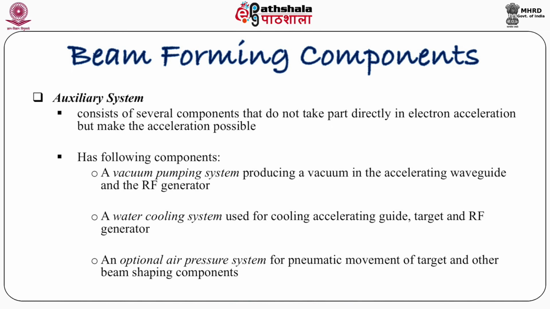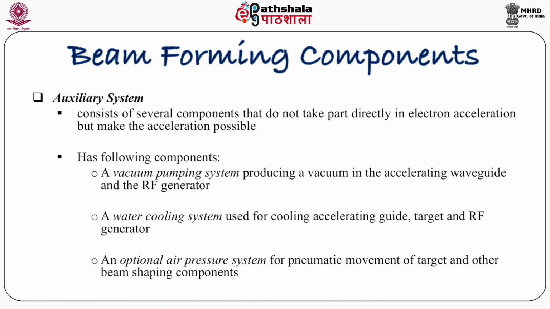Auxiliary system. It consists of several components that do not take part directly in electron acceleration but make the acceleration possible. It has the following components: a vacuum pumping system producing a vacuum in the accelerating waveguide and the RF generator.